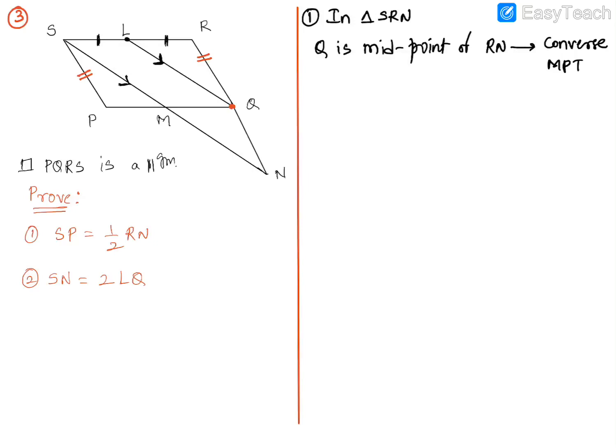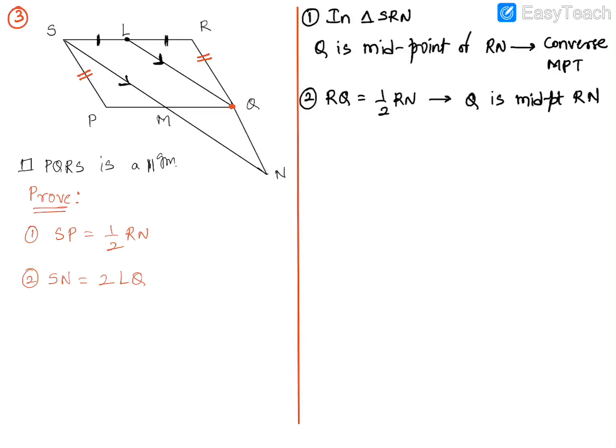Now if Q is a midpoint of RN, then I can say RQ is equal to half of RN. What will be the reason? Because Q is a midpoint of RN. So we said that RQ is also half of RN.